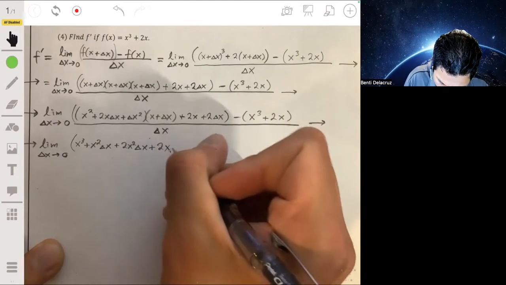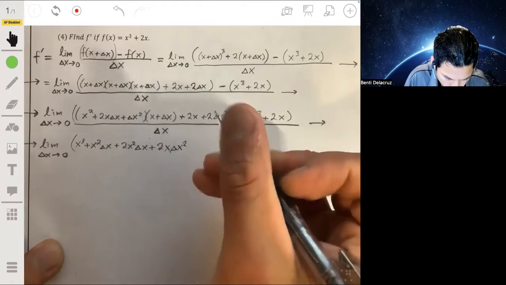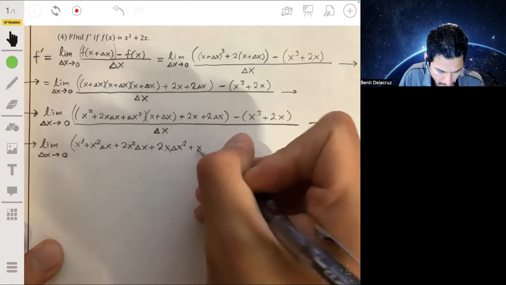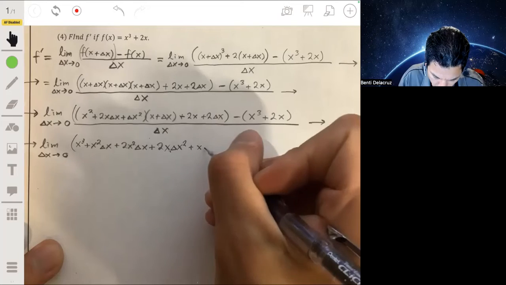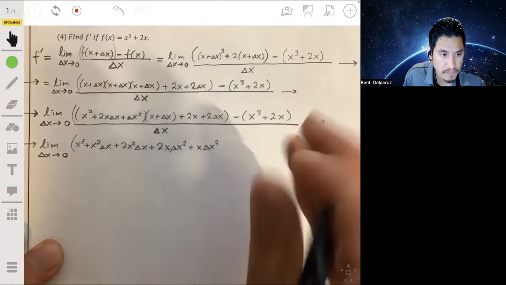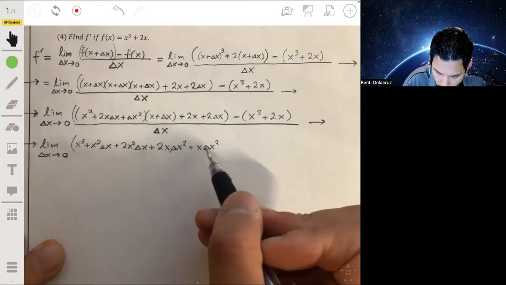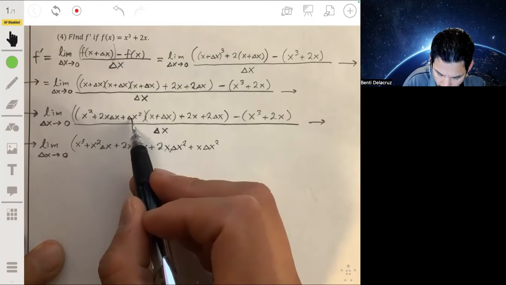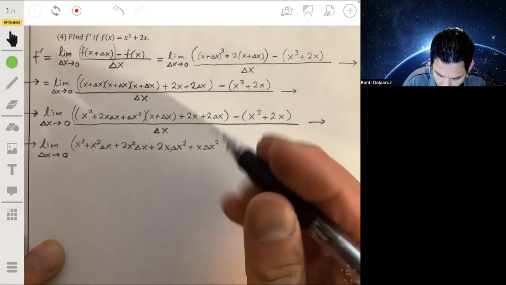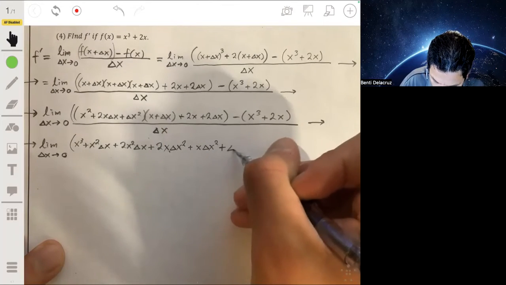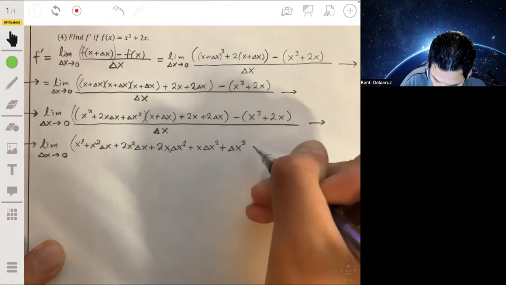Whoa. Plus x delta x squared. And then delta x squared times delta x, that'll make it delta x cubed. So plus a delta x cubed in there.